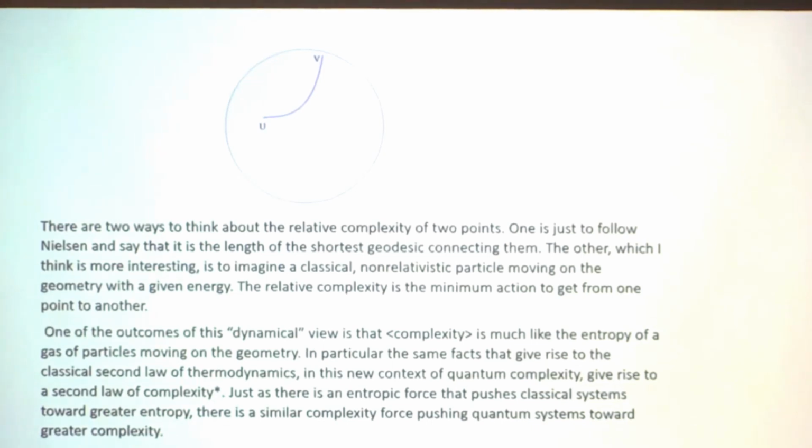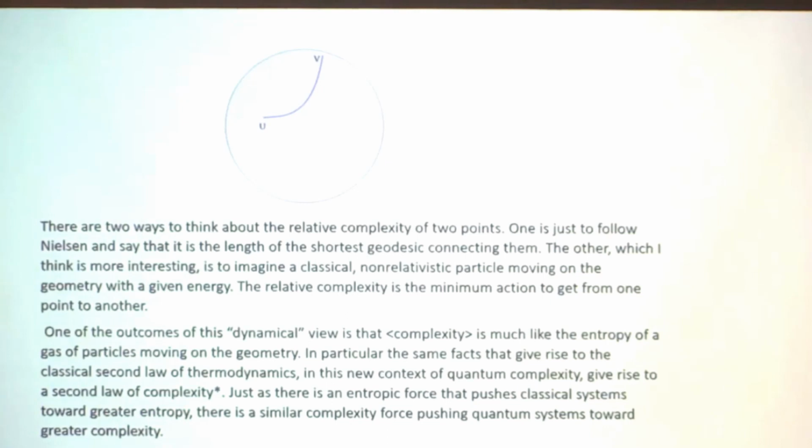You can think of it in two ways, as two points on the hyperbolic plane or on the complexity geometry. The way Nielsen thought about it was as the geodesic distance between the points. The way I like to think about it, which is completely equivalent, is to imagine a non-relativistic particle moving on the geometry and think about the minimal action for the particle to go from one point to another. They are completely consistent with each other.